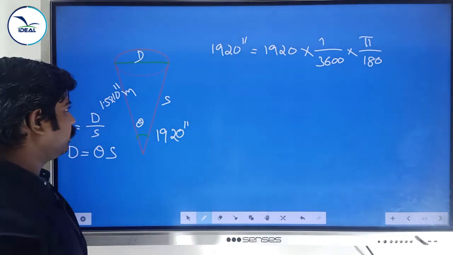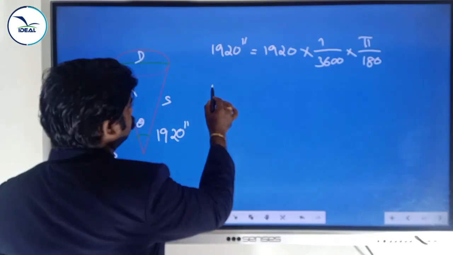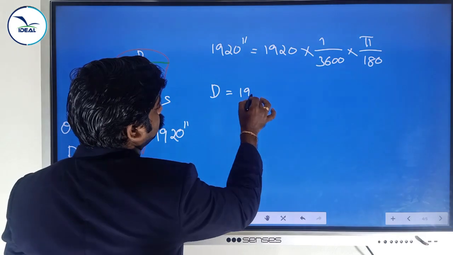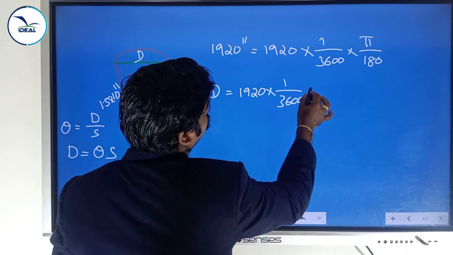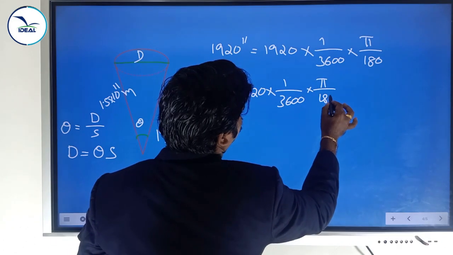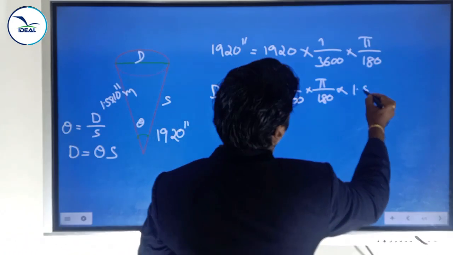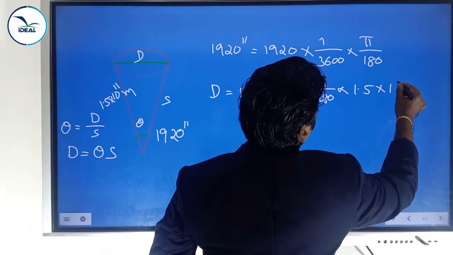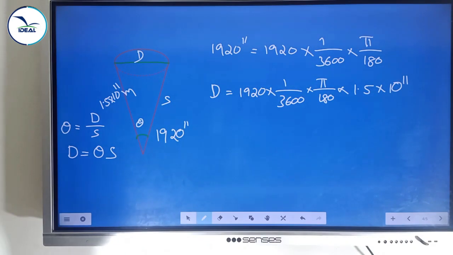After that we can directly multiply. So d is equal to 1920 into 1 by 3600 into pi by 180 into 1.5 into 10 raised to 11. Okay, so we will get the exact value.